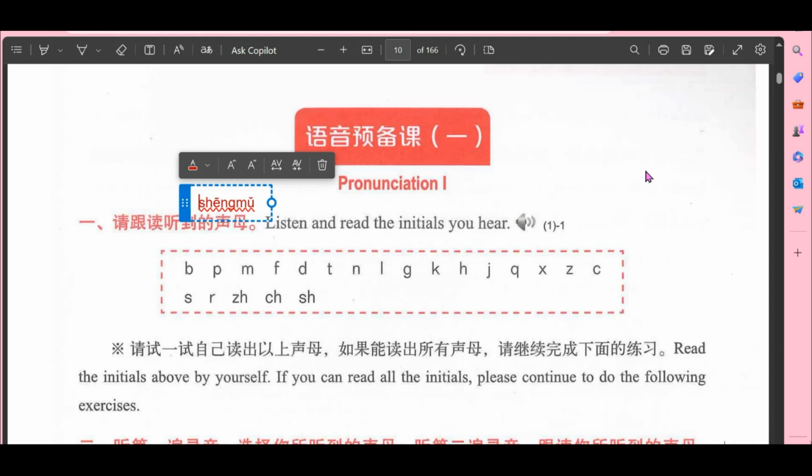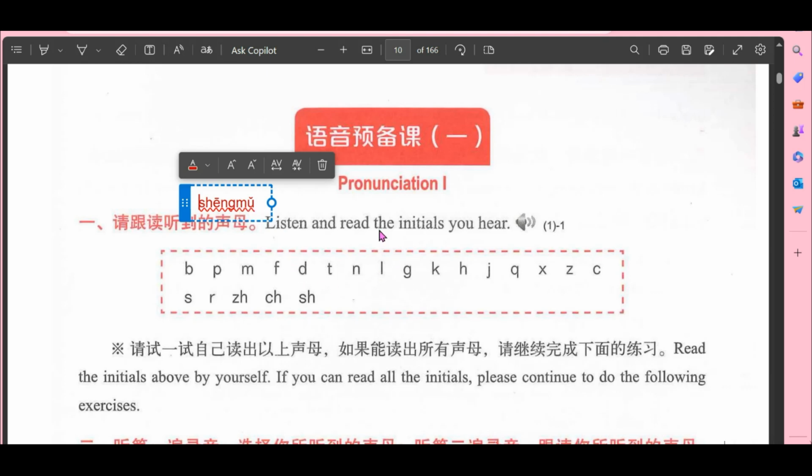In Chinese, what do we call the initials? We call them shēngmǔ. Today, we're going to learn how to pronounce shēngmǔ.